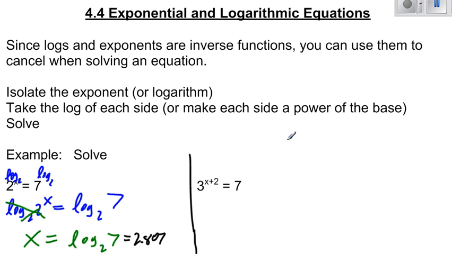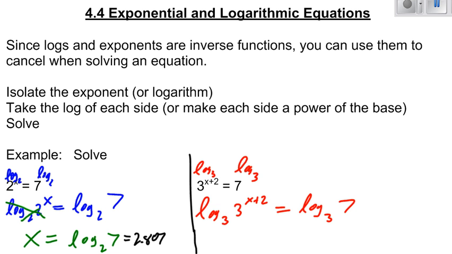For our second example, same thing, but now the base is 3, so we're going to do log base 3 of both sides. So log base 3 of 3 to the x plus 2 equals log base 3 of 7.